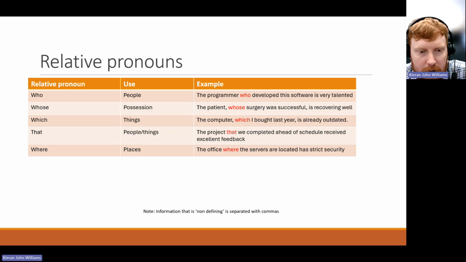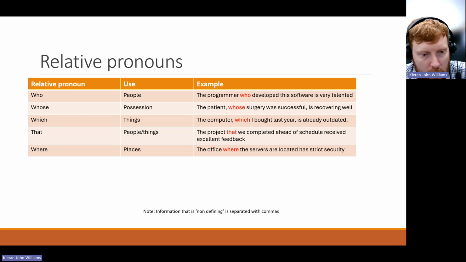So the project that we completed, it tells us about the project. If you're using it to talk about a person, you can say a plumber is a person that repairs your shower. So it can be used to describe people as well. And last of all, where tells us about places. So the office where the servers are, the place we are describing is the office.